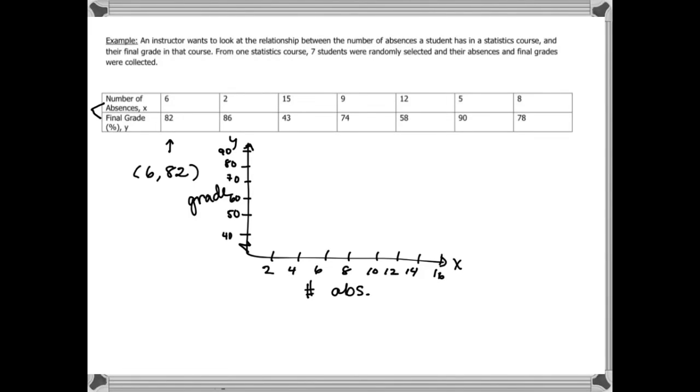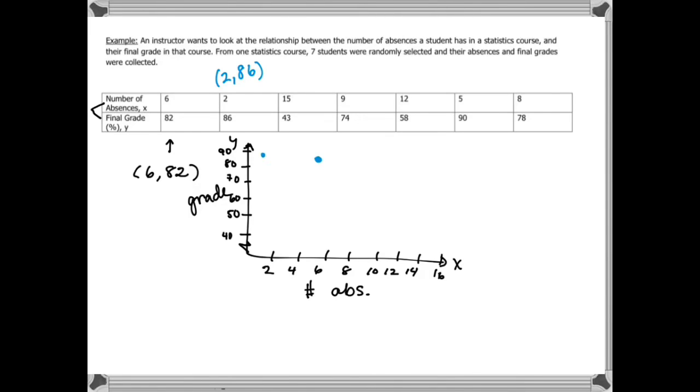And I could plot these points. So I already showed you the first one, 6, 82. So 6 on the x-axis over here, and then 82 on the y-axis, and that gives us a point about it's about there, 6, 82. The next point, 2, 86, has an x value of 2, a y value of 86.